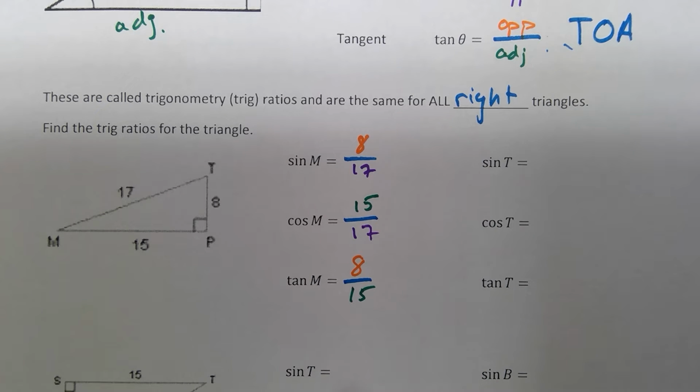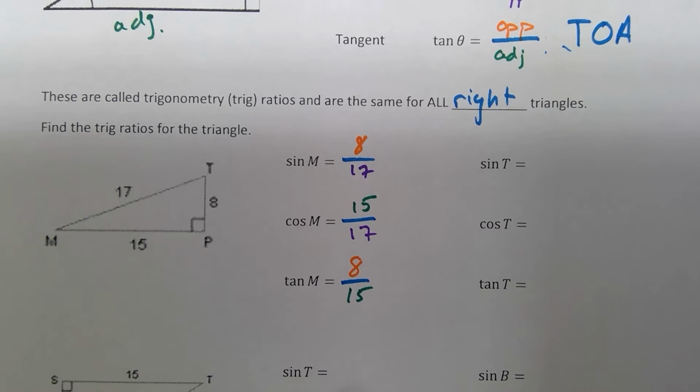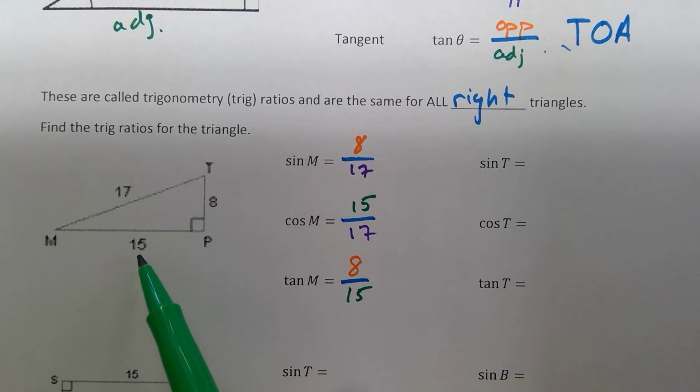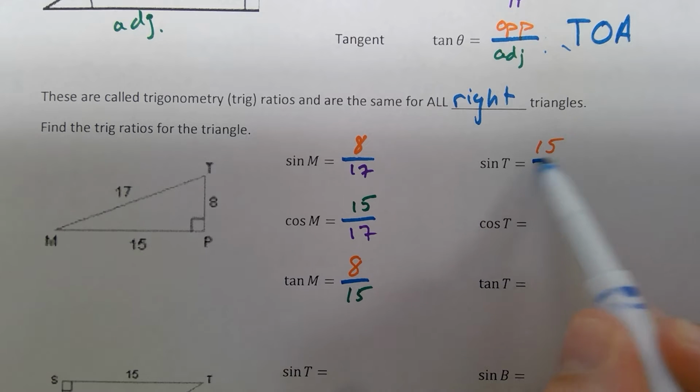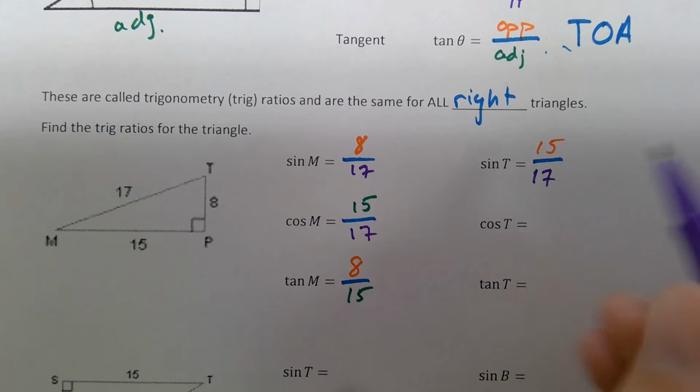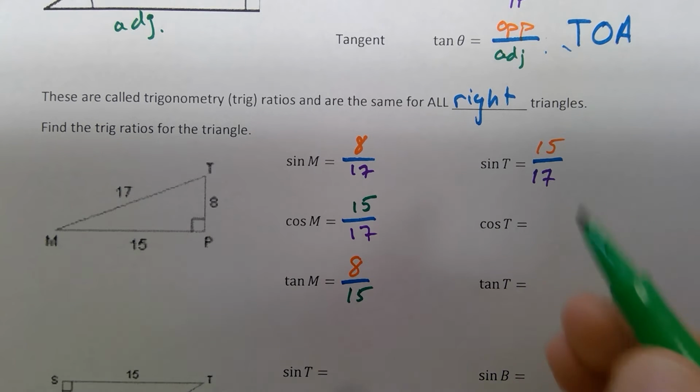So let's go and look at when angle T is our reference angle. So for sine of T, I'm going to do the opposite of angle T. So in this case, it's 15, over my hypotenuse, which is 17. For cosine of T, I want my adjacent side.